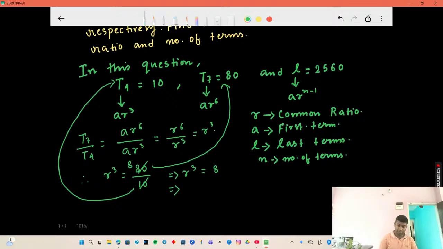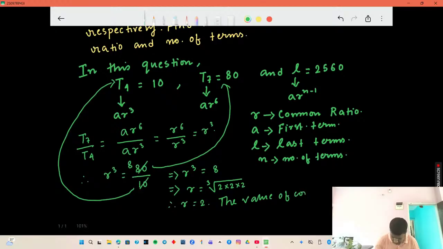So now R is equal to the cube root of 2 into 2 into 2. Therefore, R is equal to 2. So the value of the common ratio is 2. Is it clear to you?